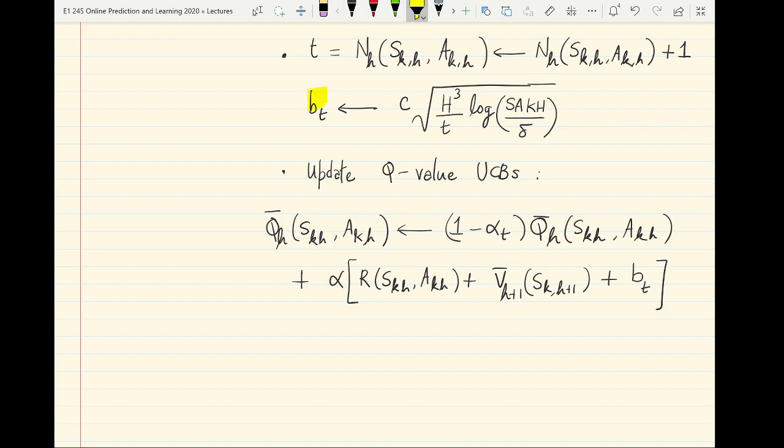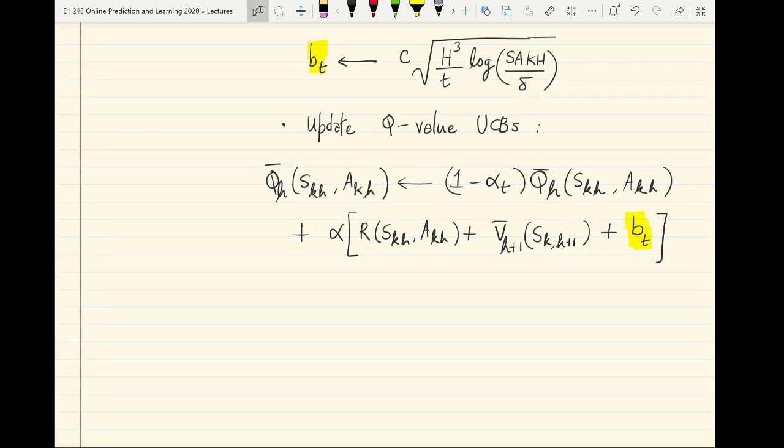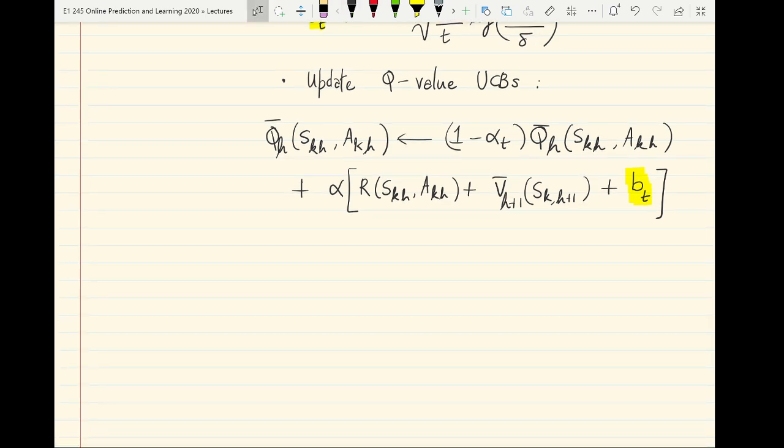So this is the same B_t that essentially adds about 1 over square root of the number of times s, a was encountered. Okay. So this is exactly the same as the Q-learning update, except that you add this artificial bias B_t here, that is equivalent to a bonus for exploration for an underexplored state action pair, and followed by this you just update your value function estimates to stay consistent.